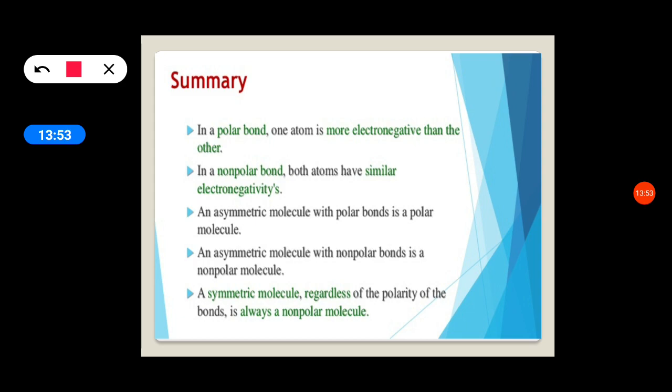So polarity is created in the molecule due to difference in the electronegativity.